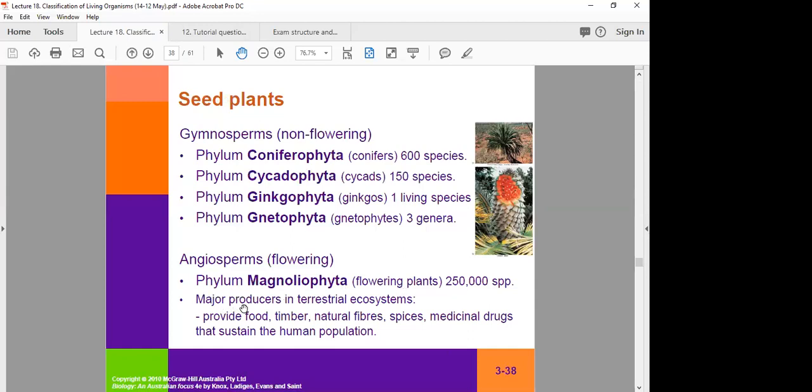These ones are our major producers in terrestrial ecosystems, providing food, timber, fibres, spices, and medicinal drugs that sustain the entire human population.